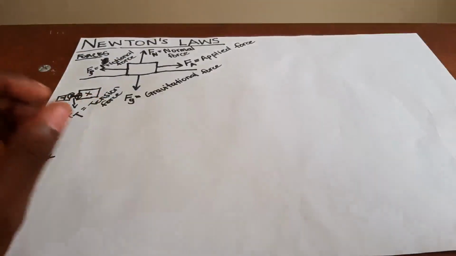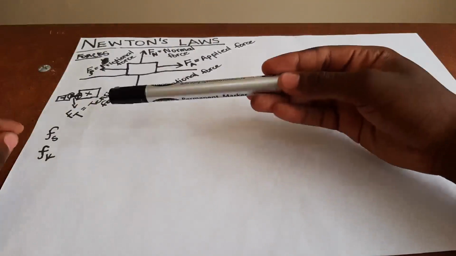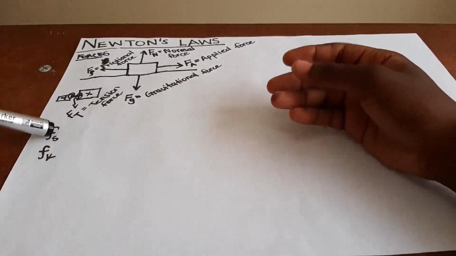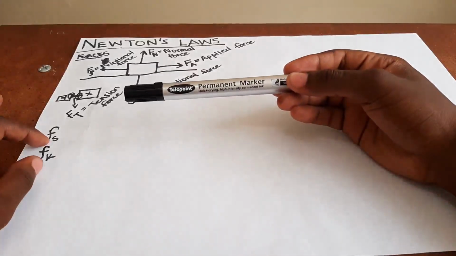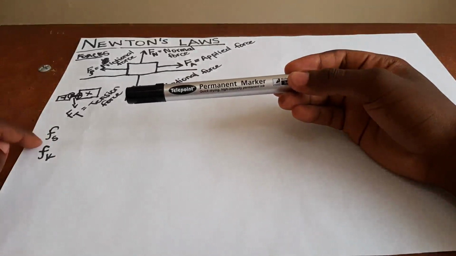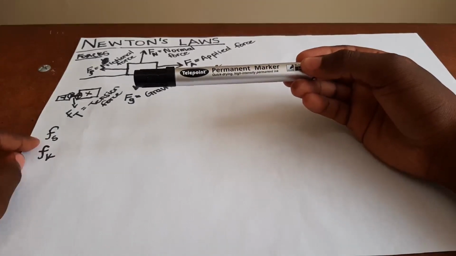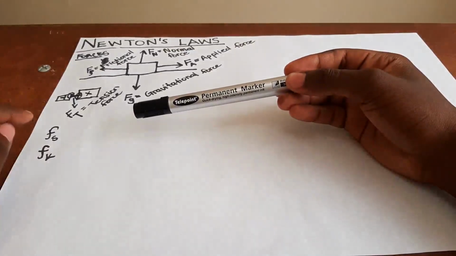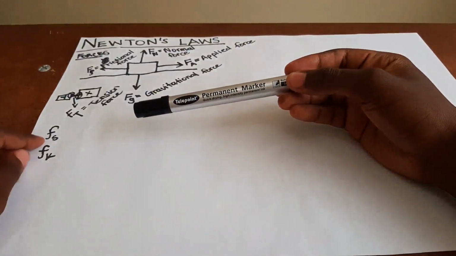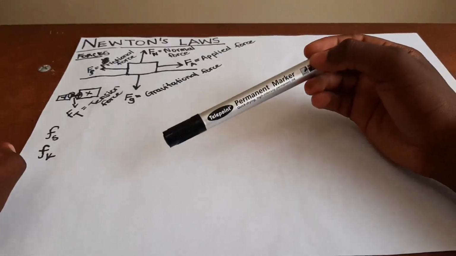Okay, so in terms of the static frictional force, this is the frictional force that stops an object from moving, or the force that stops the tendency of an object from moving.